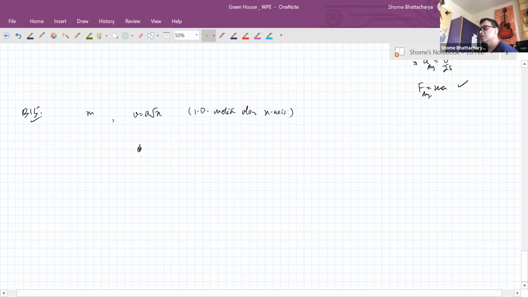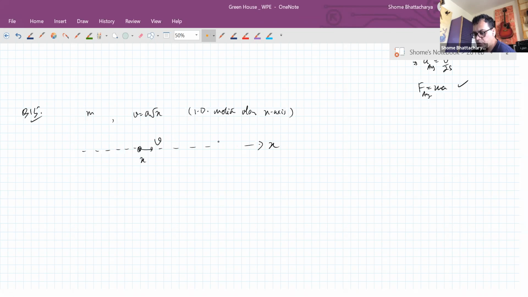So the particle is moving in this direction with a speed v. When its x coordinate is x, the speed is given by this relation, where a is a constant. Find the work done by all the forces through a displacement of 0 to t.